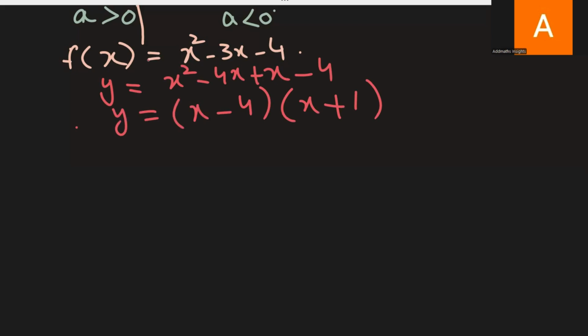If factorization is possible, then to sketch the graph you need two things: first, the x-intercepts, and secondly, the turning point.